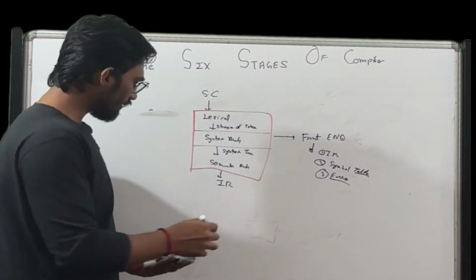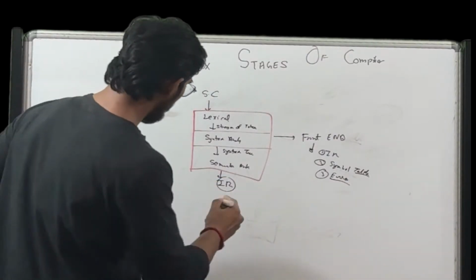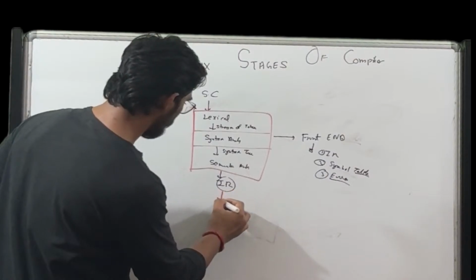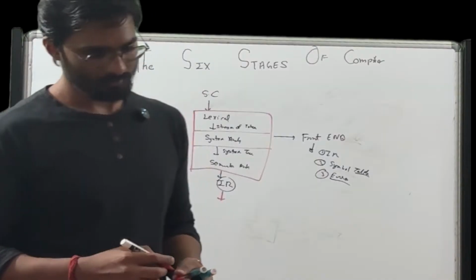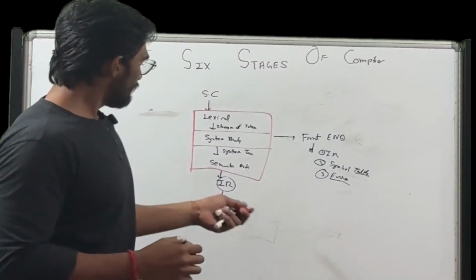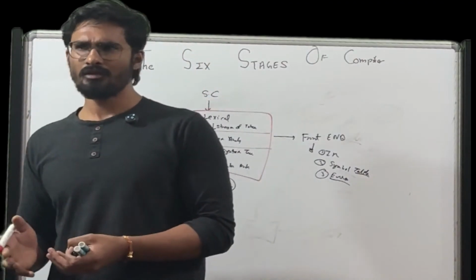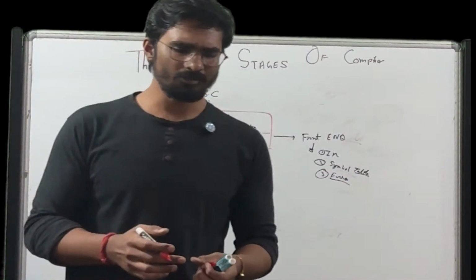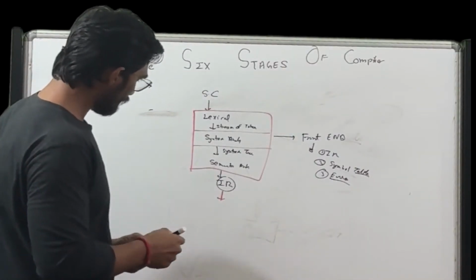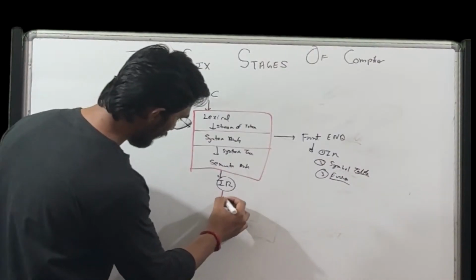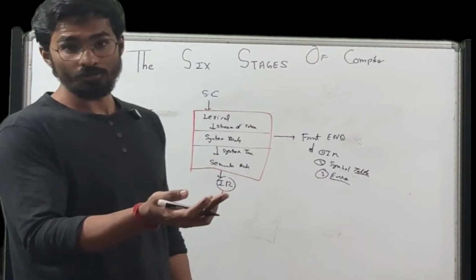And from this IR, the interesting thing happens, where I have worked a lot in the optimization part. This IR will be generated. Some people call it intermediate code generation, but mostly people call it intermediate representation. Now this intermediate representation has multiple optimizations run on it, depending upon what type of code you have written.